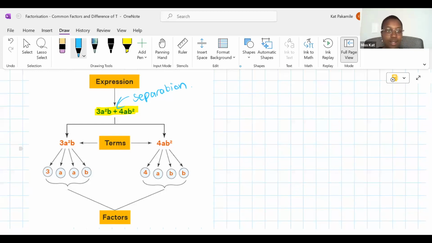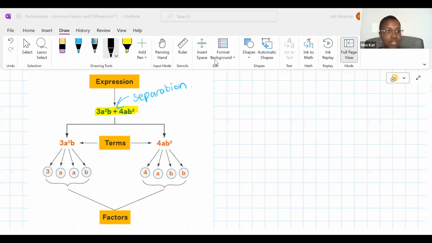Now, guys, let's talk about factors when we're talking about normal numbers. Give me the factors of 12. What are the factors of 12? Yes, it's pluses or minuses that separate. Tell me, what are the factors of 12?